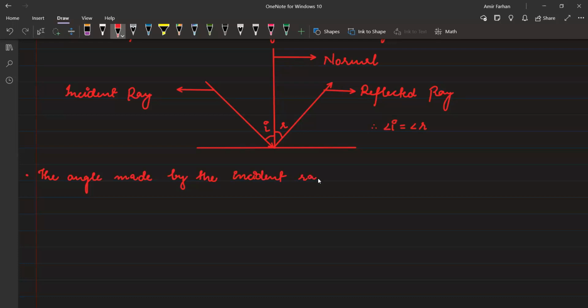The angle made by the incident ray with the normal is called the angle of incidence. Okay, Ayaan? Very good.